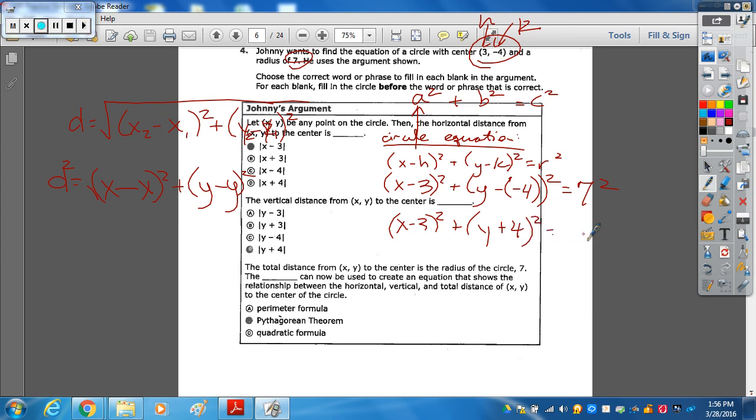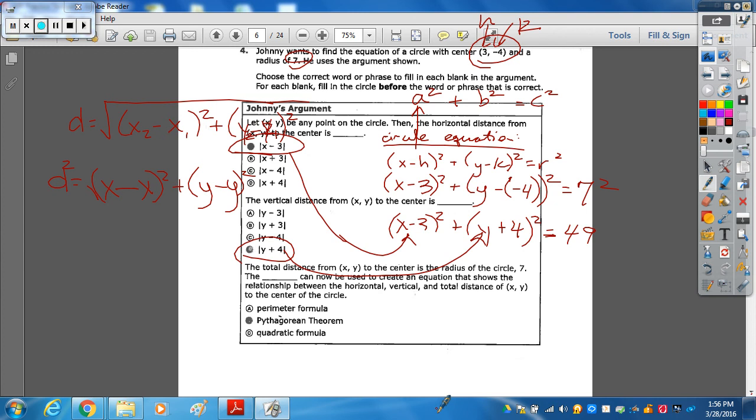However, the double negatives can become positive, okay? And so as you look, I don't know why they use the absolute value brackets there. I just know that they did that. Don't let that throw you off your game, okay? And so from there, we're just putting in what we have inside the parentheses.